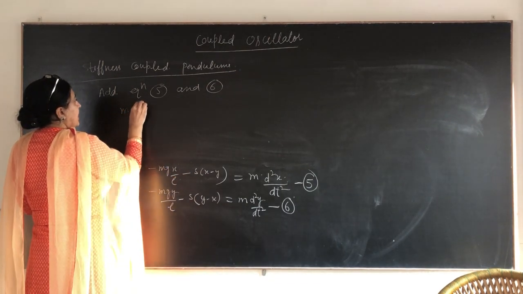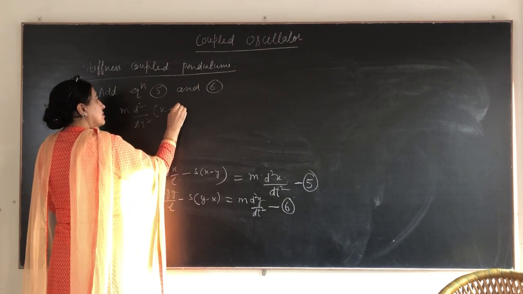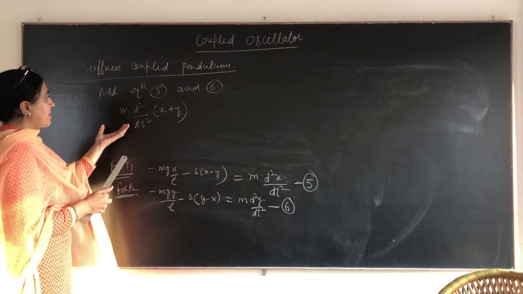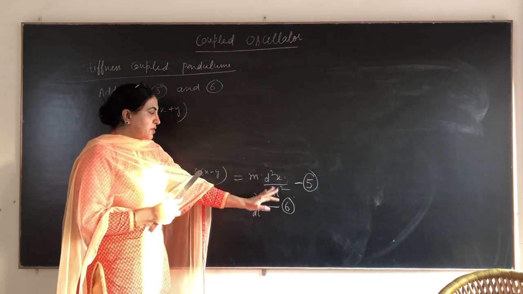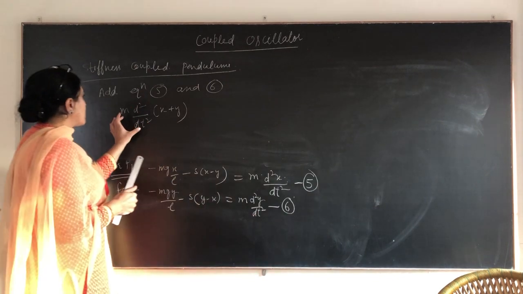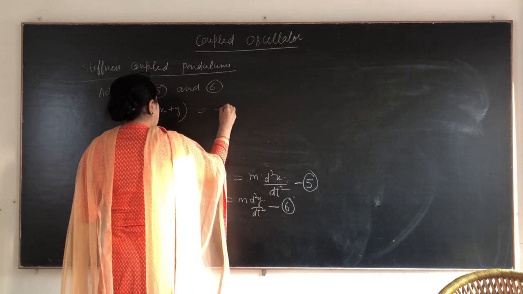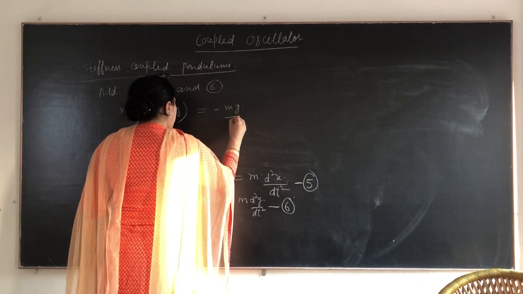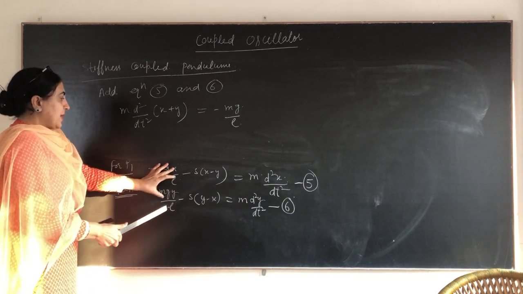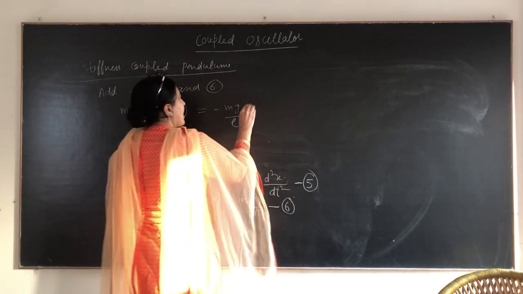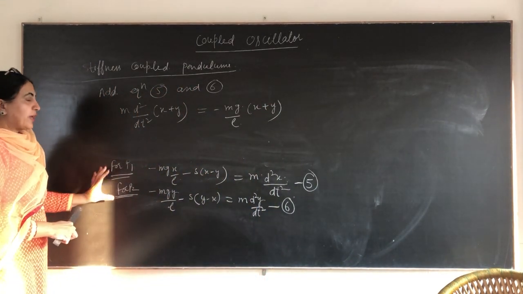M into the double derivative of x plus y with respect to t, because when we separate them, this becomes m into the double derivative of x with respect to t plus y with respect to t. So I take m into this. Clear? And this will be minus mg over l; we add these, minus mg over l I take common. Then inside the bracket there will be x plus y. So this is when we add.